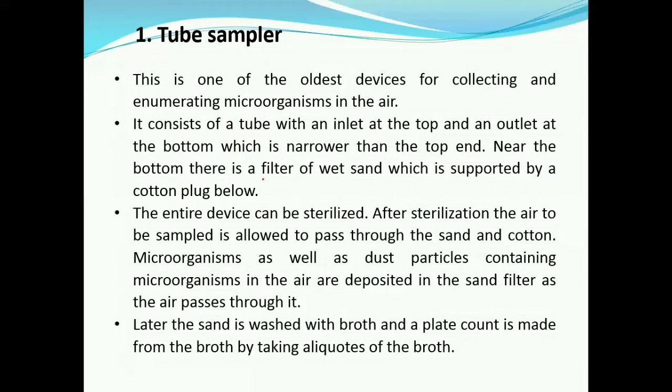The whole device is sterilized. After sterilization, the air to be sampled is allowed to pass through the sand and cotton. Then microorganisms as well as the dust particles containing microorganisms, aerosols in the air, are deposited in the sand filter as the air passes through it.